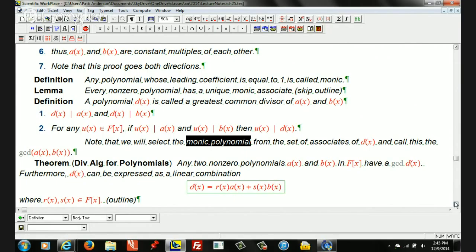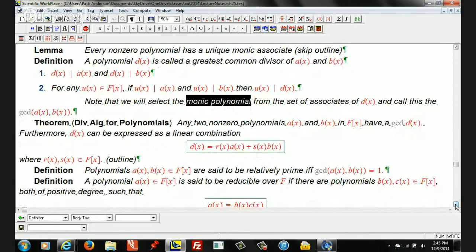If it's the greatest common divisor, why must it be monic? Why couldn't it be quadratic or other things? Monic doesn't mean not quadratic. It means that the leading coefficient is 1. It's just a standard form. Why not choose something like 9? Well, just because we want to be able to say the greatest common divisor is unique.